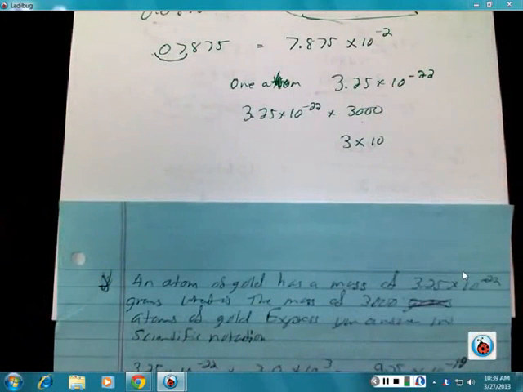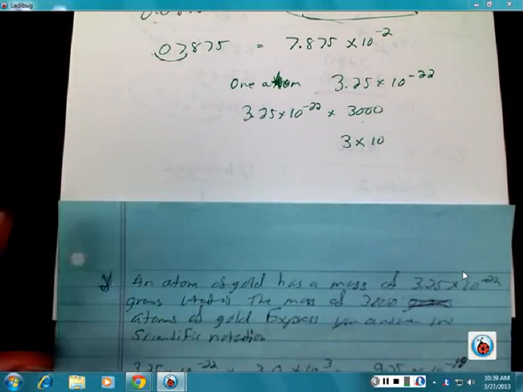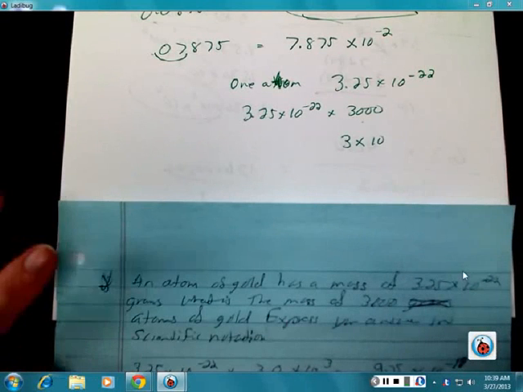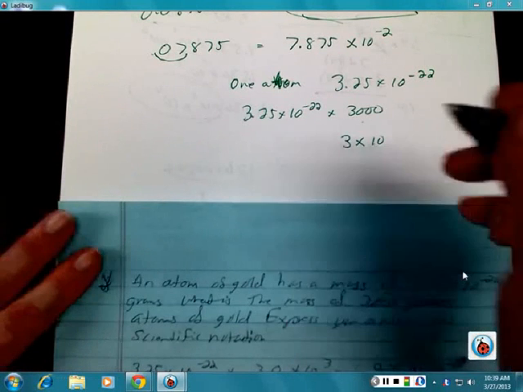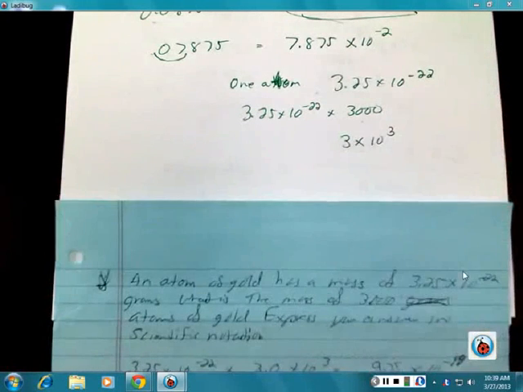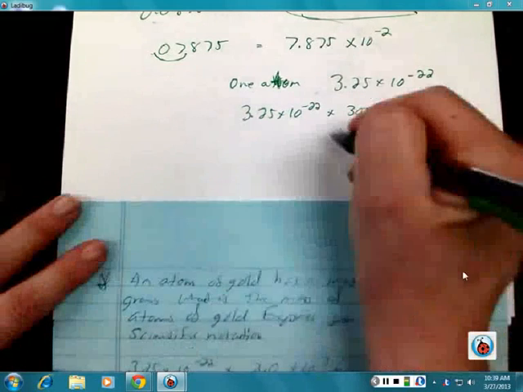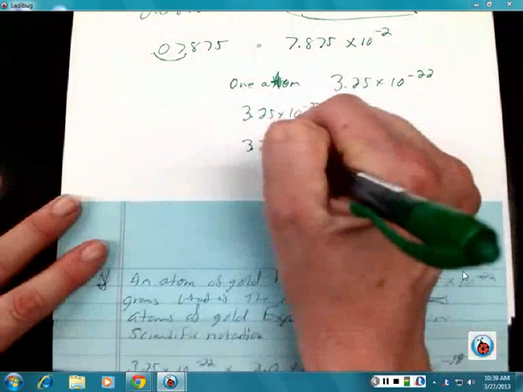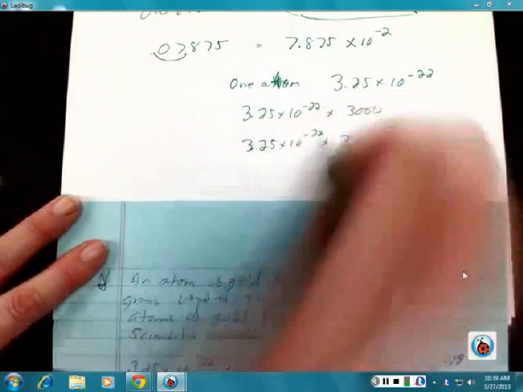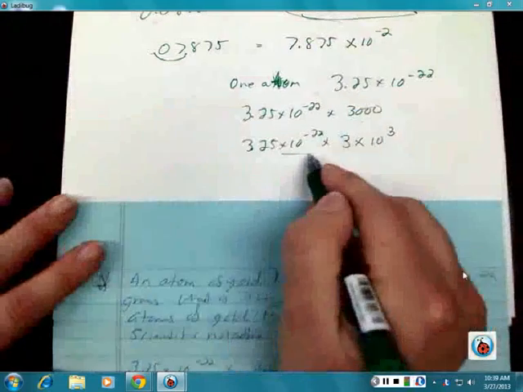3,000 comes up to equal, in scientific notation, 3.0 times 10 to the third. Beautiful. Yep. Times 10 to the third. And that's all going to be multiplied by 3.25 times 10 to the negative 22nd. So I need to put my exponents together.